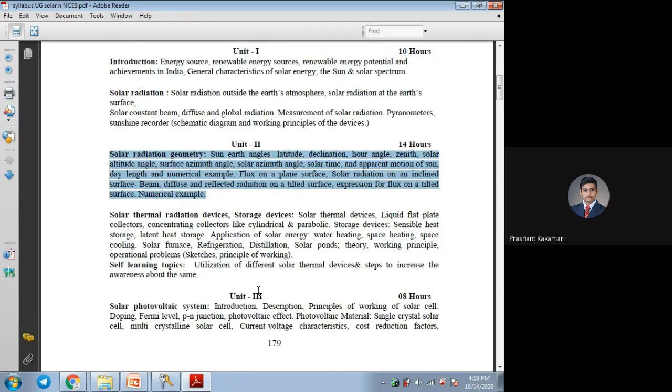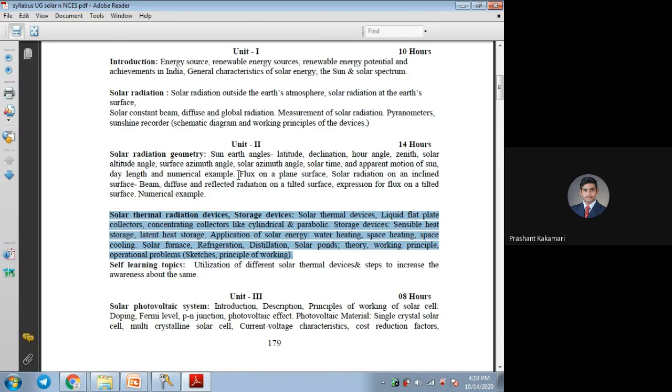Solar radiation geometry. Anything told about this topic? In solar radiation geometry, you have to do all the angles with respect to the sun and the horizontal surface and the tilted surface, with those angles, numericals and flux.